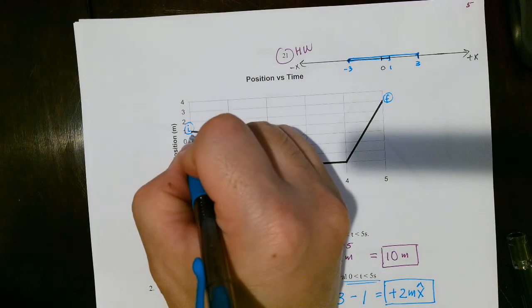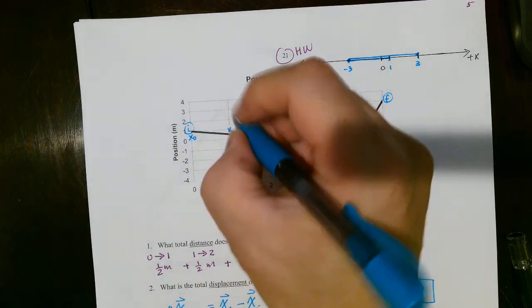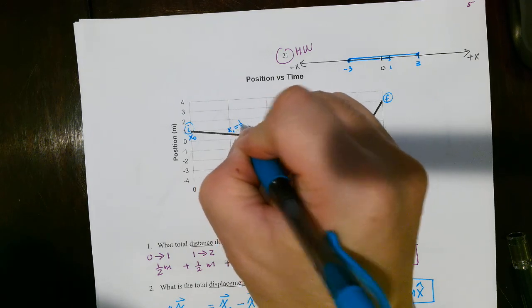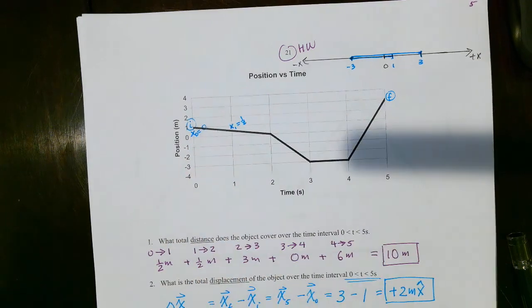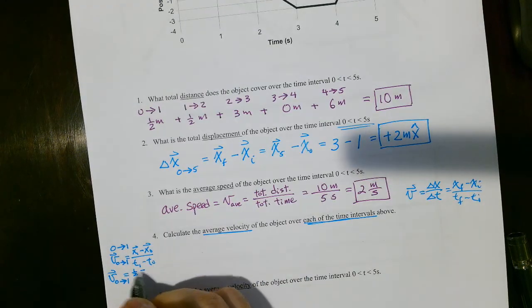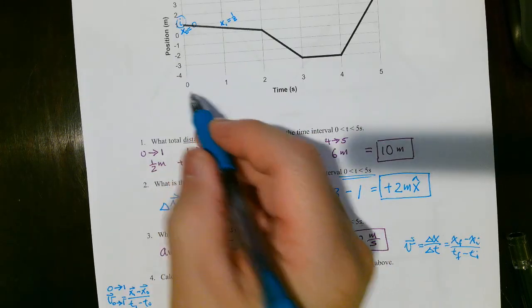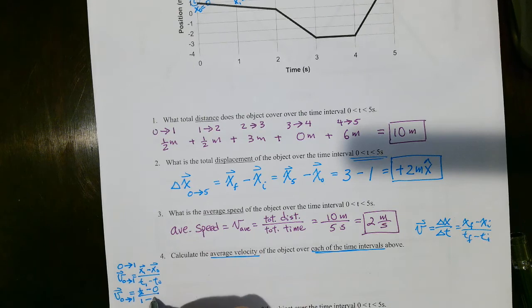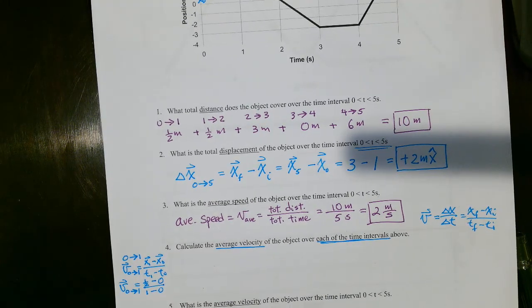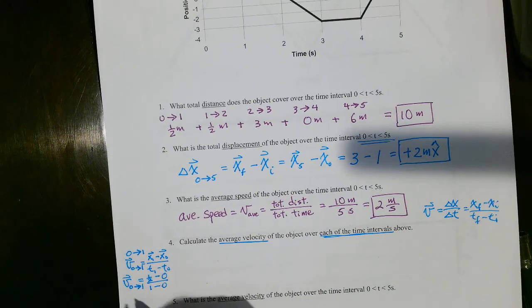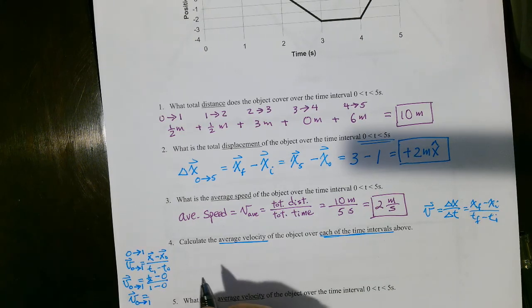So this is my x0. So here, 1/2 minus 0 over 1 minus 0.